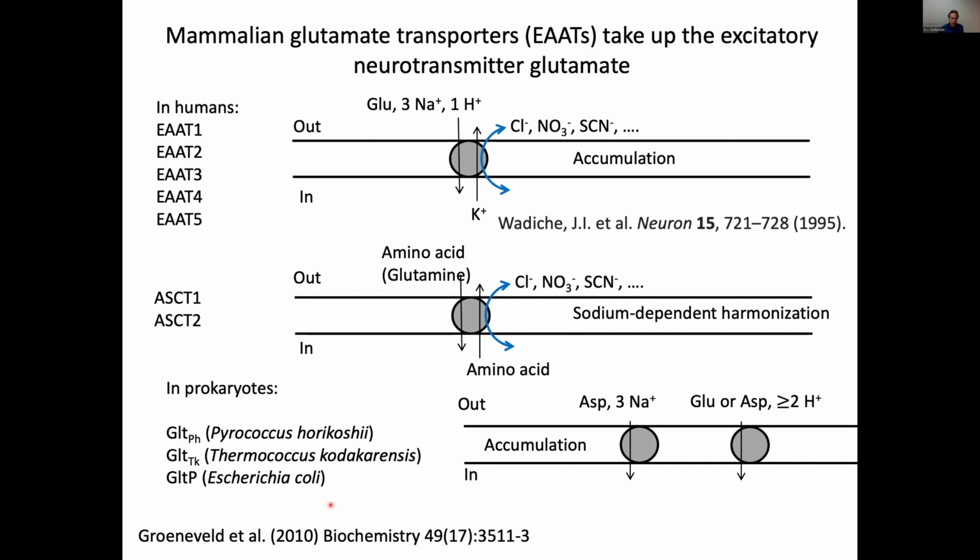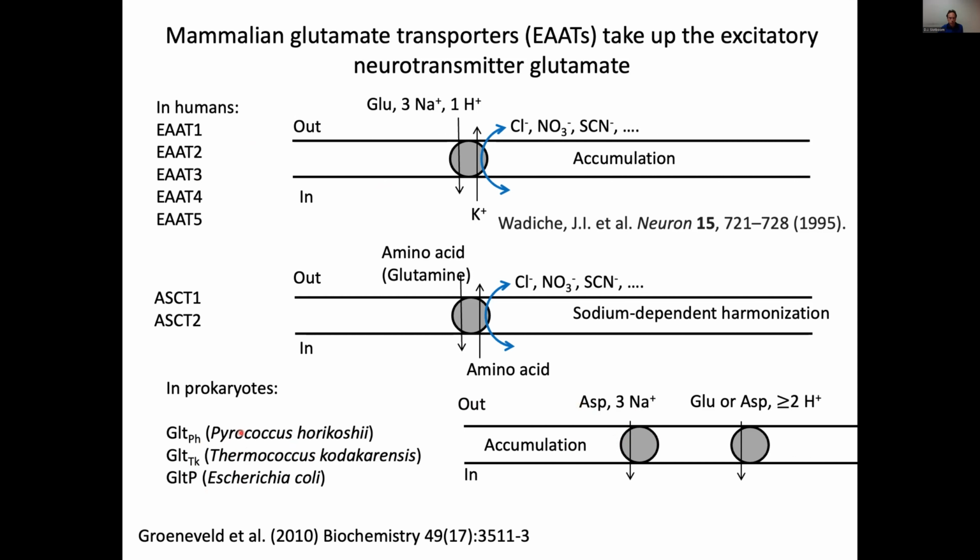The 2 upper ones I show here have been characterized very well. GltPh was the one for which the first structures by Eric Gouaux and Olga Boudker were published. And this one is similar to the upper one, but in our hands is biochemically a bit easier to handle.